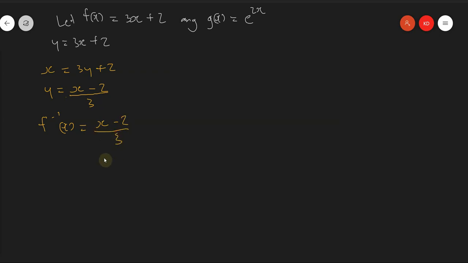Then the other one says to also find g inverse of x. It's the same principle. You would say y is equal to e to the 2x, then you simply interchange, so x is equal to e to the 2y, then solve for y. In order to do that, we have to take the natural log of both sides. So ln x would be equal to ln e to the 2y.